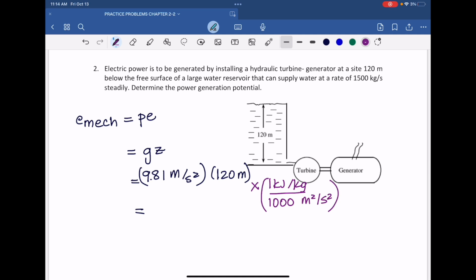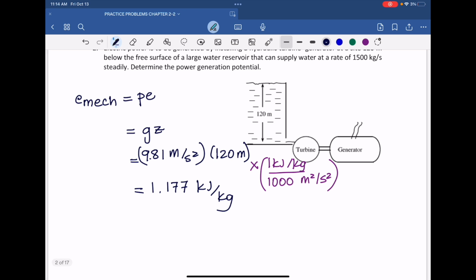This is going to help us convert the unit of potential energy, which is meters squared per second squared, to energy per mass, which is the unit of mechanical energy per unit mass. So it is 1.177 kilojoule per kilogram. All right.